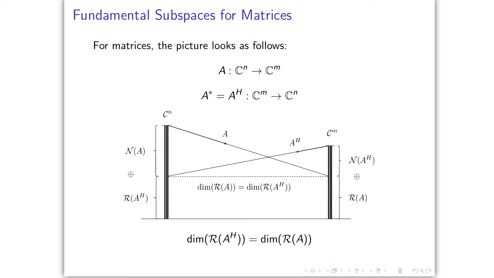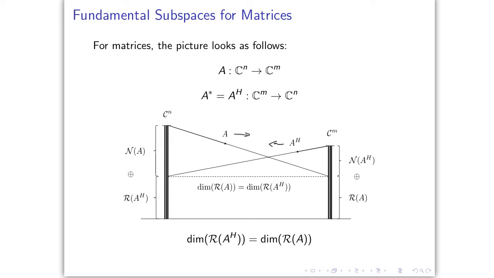Okay, so before we do that, let's look at what this picture looks like for matrices. It looks similar. The matrix A maps complex n space to complex m space. And A star, remember, is the Hermitian of A, and it goes in the opposite direction. So A maps in this direction, A^H maps in that direction.